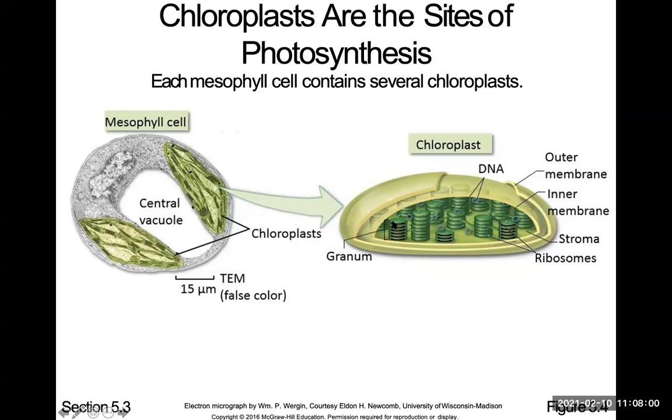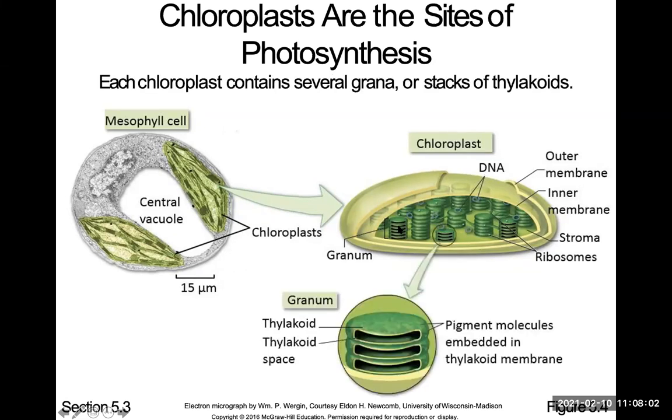Now we are going to zoom in on the granum. When you zoom in on the granum, you see there are discs on top of each other, looking like pancake stacks. And the reason for this is to give it more surface area. This membrane, or this part of the granum, is called thylakoid.